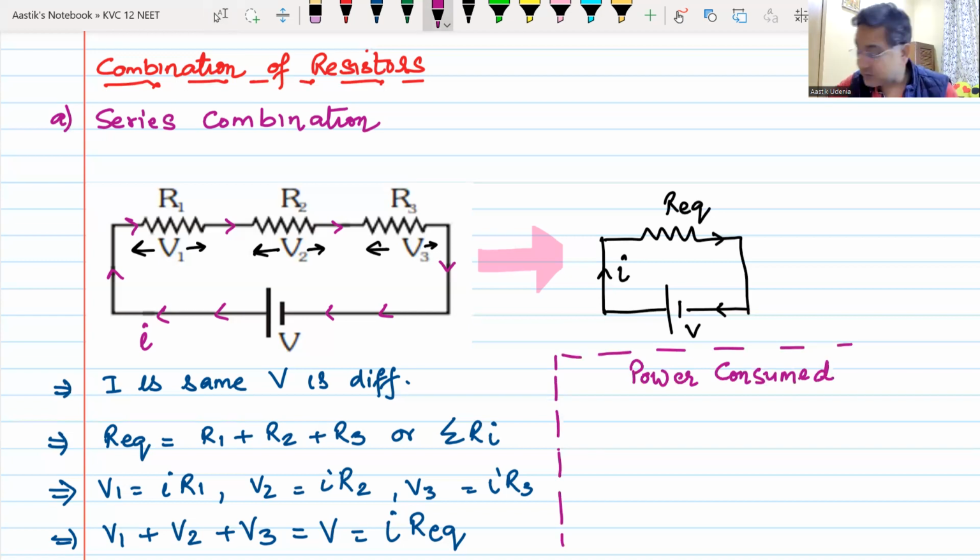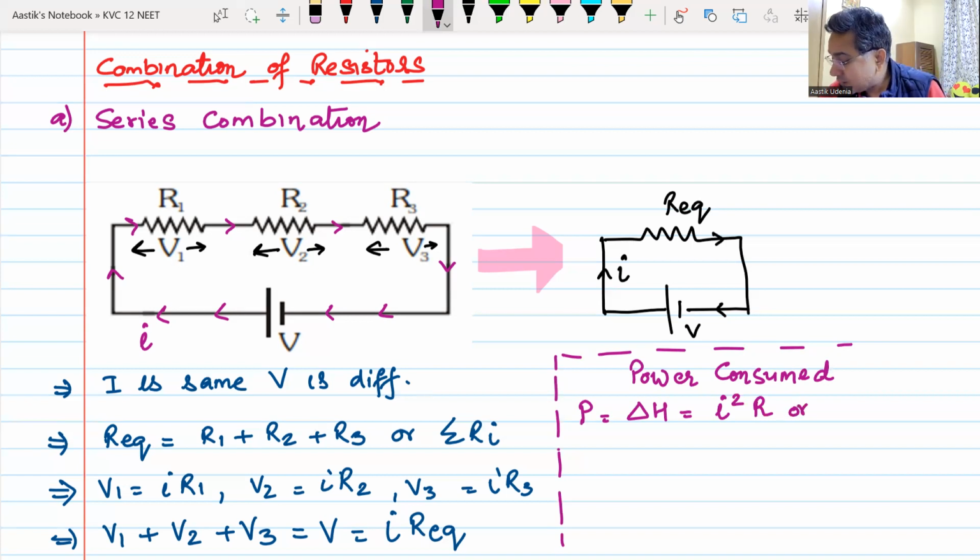Remember, it is power, it is not energy. So the power consumed by a resistor, and remember, this is going in the form of heat, delta H or delta Q. That power that the resistor consumes is I square into R.